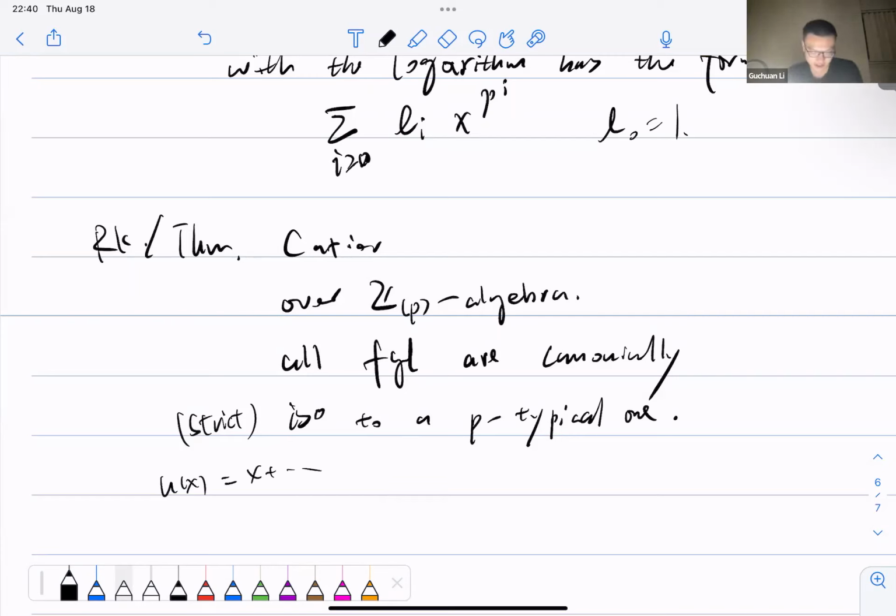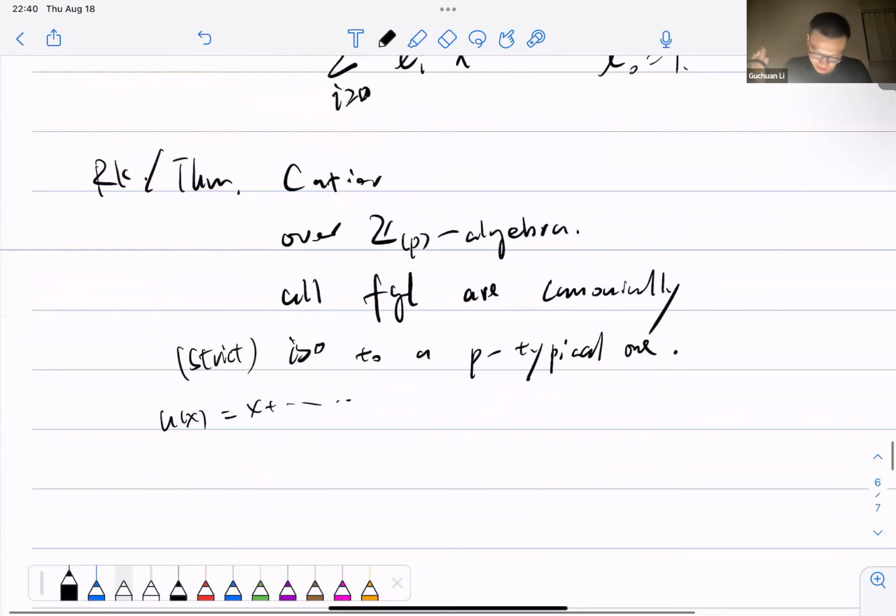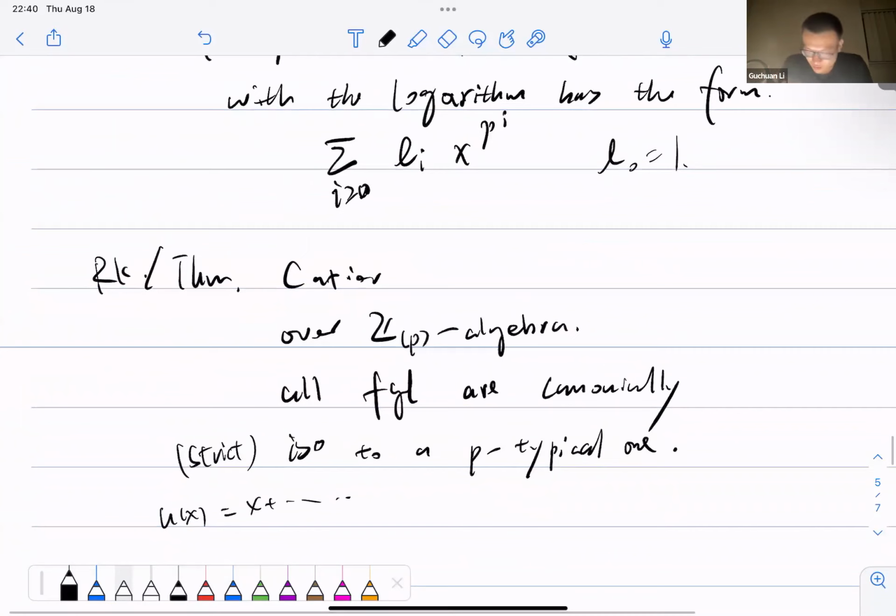In the general definition, an isomorphism could start with u times x, where u is a unit. So by this theorem, we can study only the p-typical ones. We don't lose anything, because everything is isomorphic to a p-typical one.